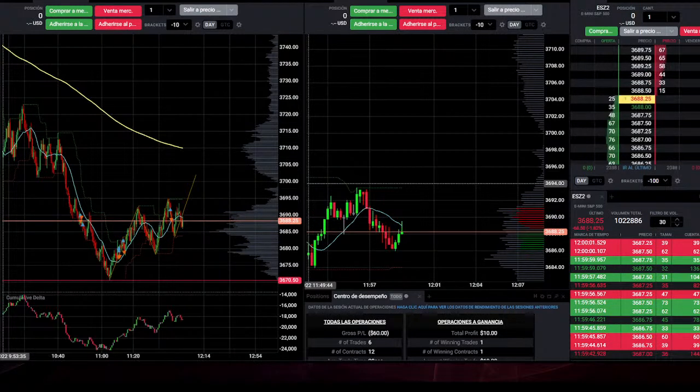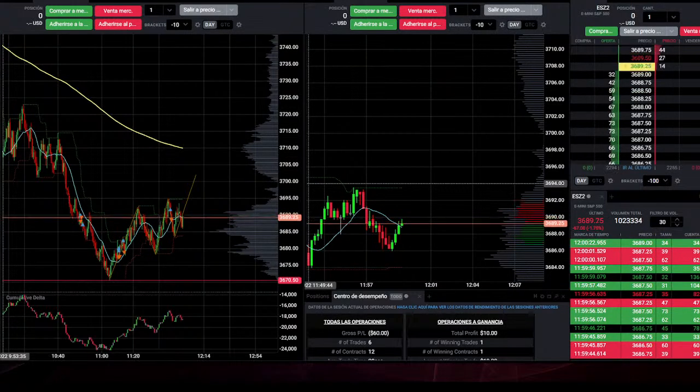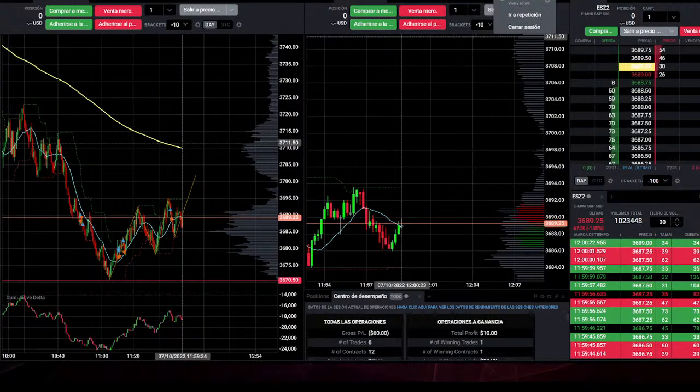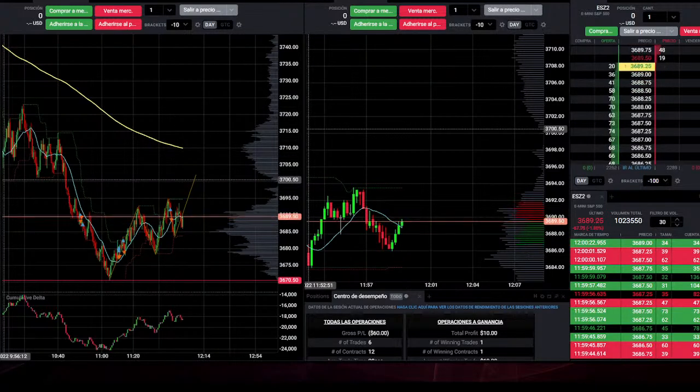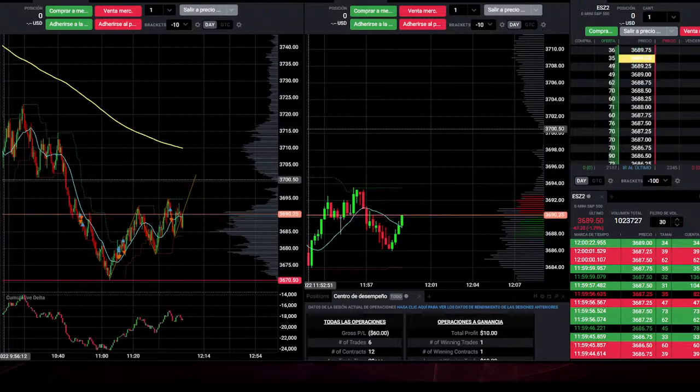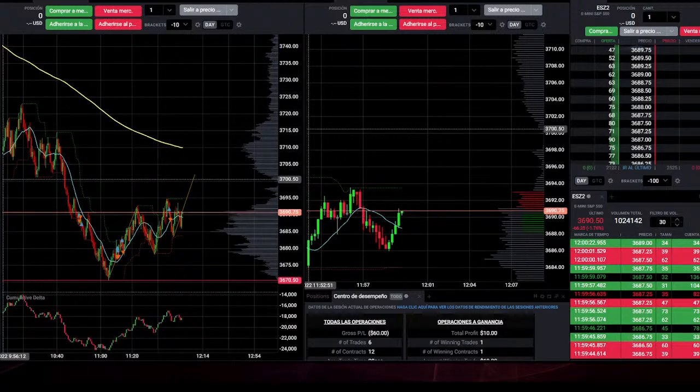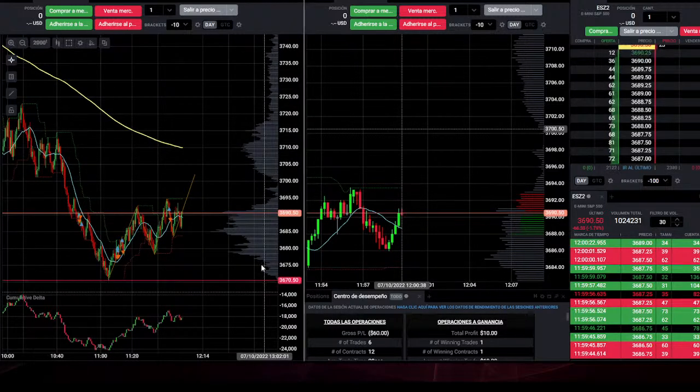For me, it's just to learn and get a feel of the market. Perhaps you could also do some simulated trading. This account also comes with a simulation, so you could enter some trades just for the sake of it and get a feel of it.